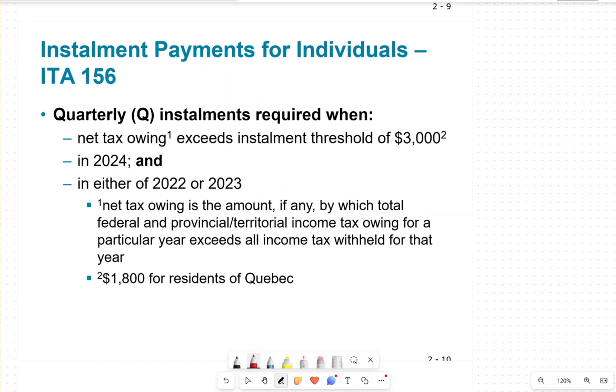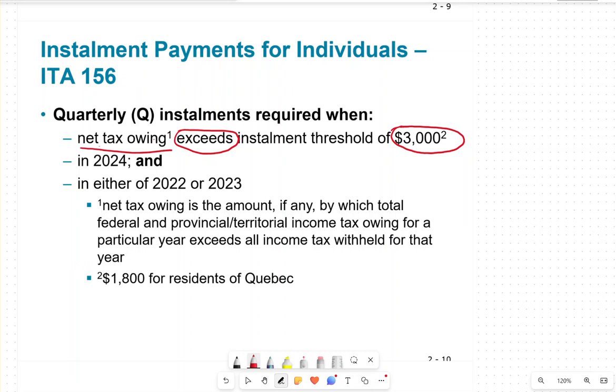Now sometimes what happens is that if in any year your net tax owing, meaning if you owe the government, the CRA, more than the installment threshold of 3,000, you need to work out installments.